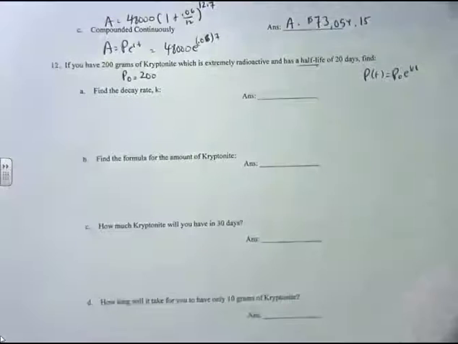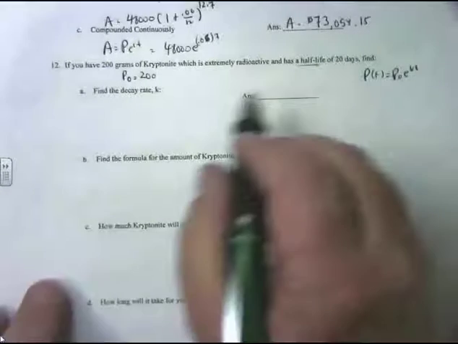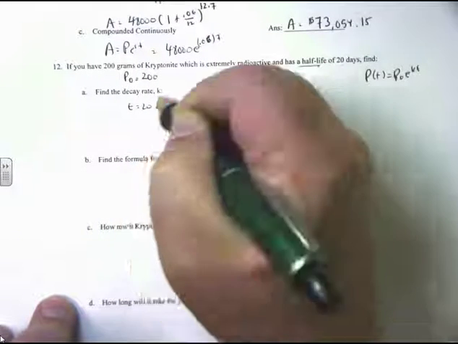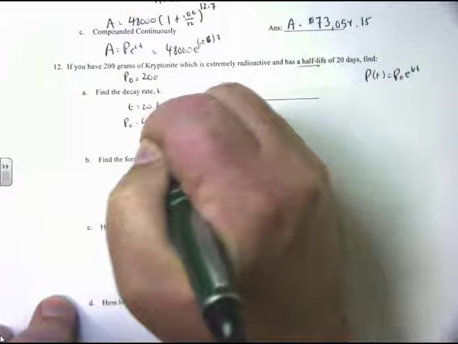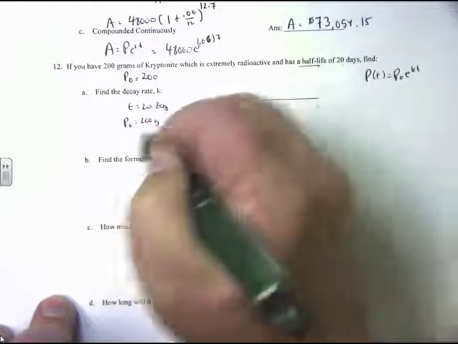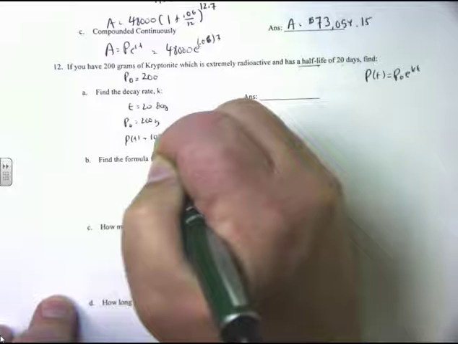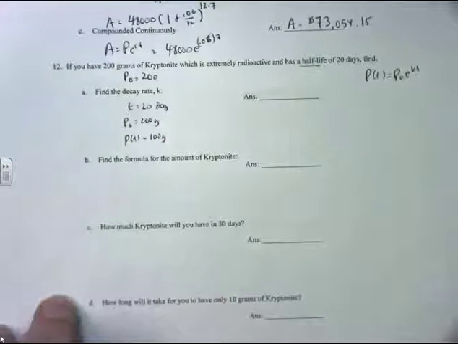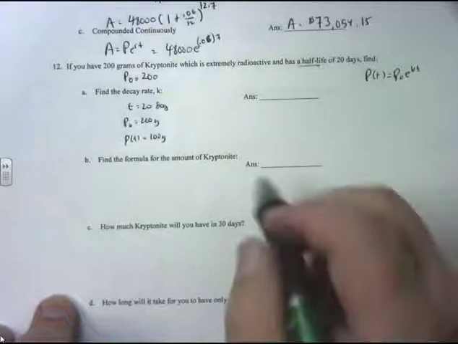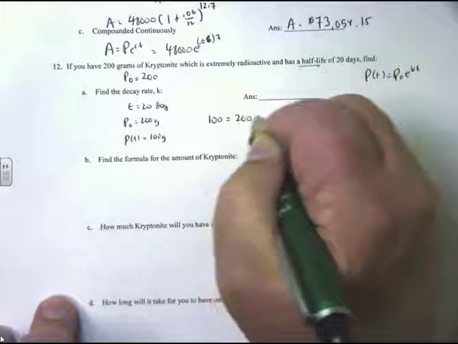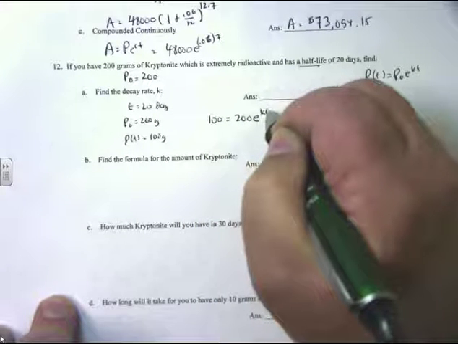We want to first find the decay rate. So I'm going to use this half-life. My time is equal to 20 days, which means I start out with 200 grams, and the P of t, the amount after the 20 days, would be 100 grams because it literally gets cut in half. So plugging all that into this formula, I get 100 is equal to 200 e to the k times 20.